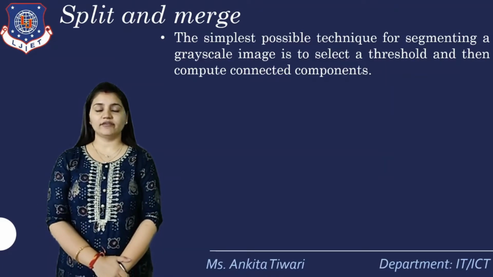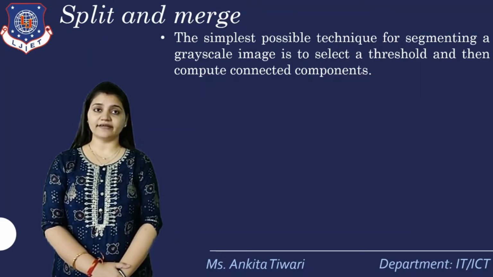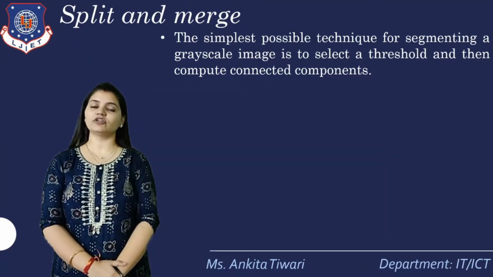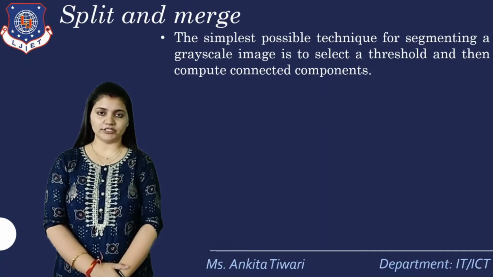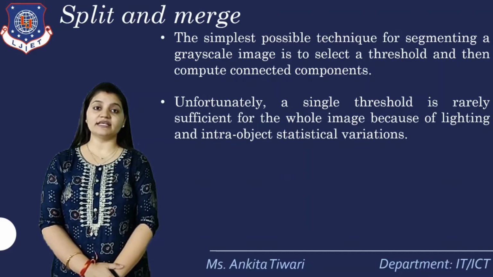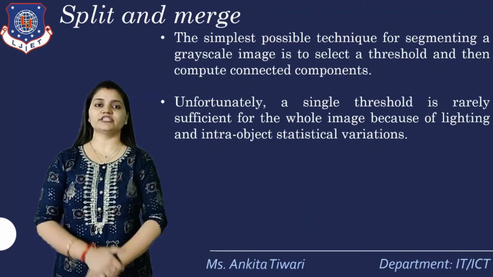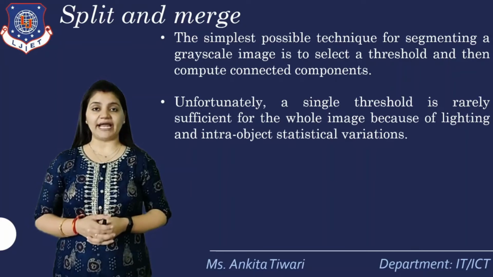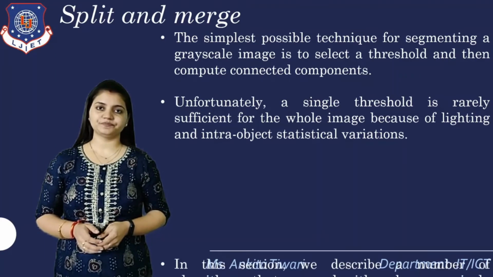So for a grayscale image, we select a threshold value and then compute the connected components. Unfortunately, a single threshold for the whole image is rarely sufficient, because of lighting and intra-object statistical variations.